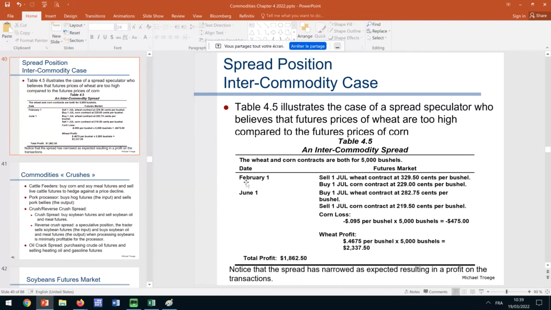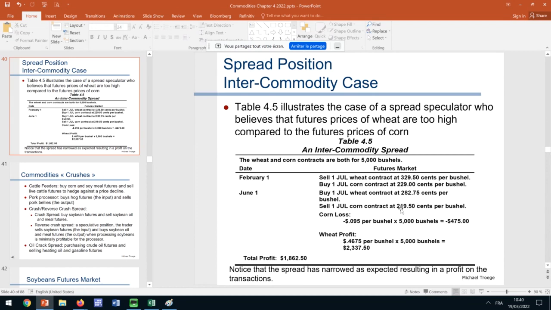Now we do this in February. In June, prices have changed. We enter into offsetting contracts. We offset our short position in wheat with a long position at 282, and we offset our long contract with a short contract at 229.